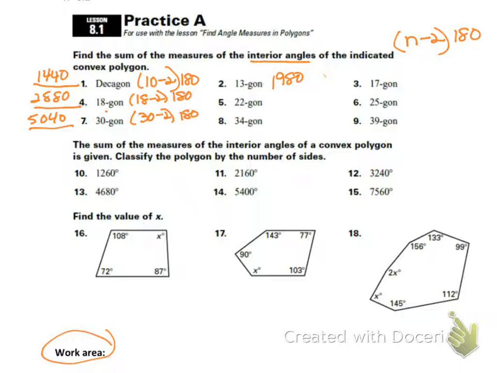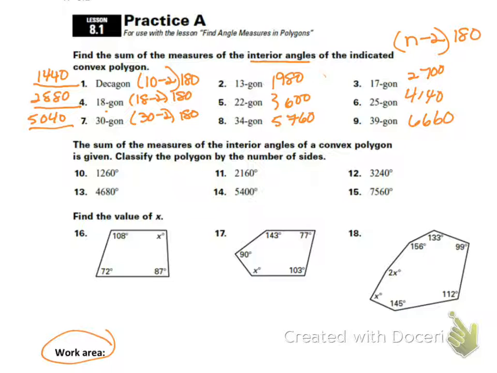The 22-gon should have been 3600. The 34-gon should have been 5760. This is 2700, 4140, 6660. Okay, so check your work.